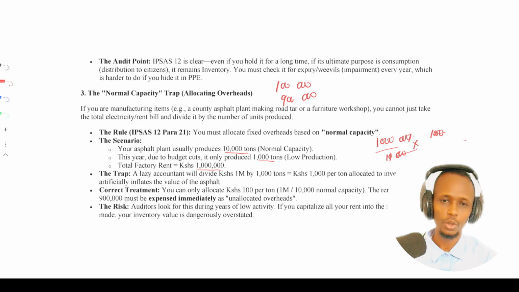Why? If you take the 1 million as your expense to produce your 1,000 tons, then you have overstated the value of your inventories. That was the end of my practical example for inventories in the public sector.